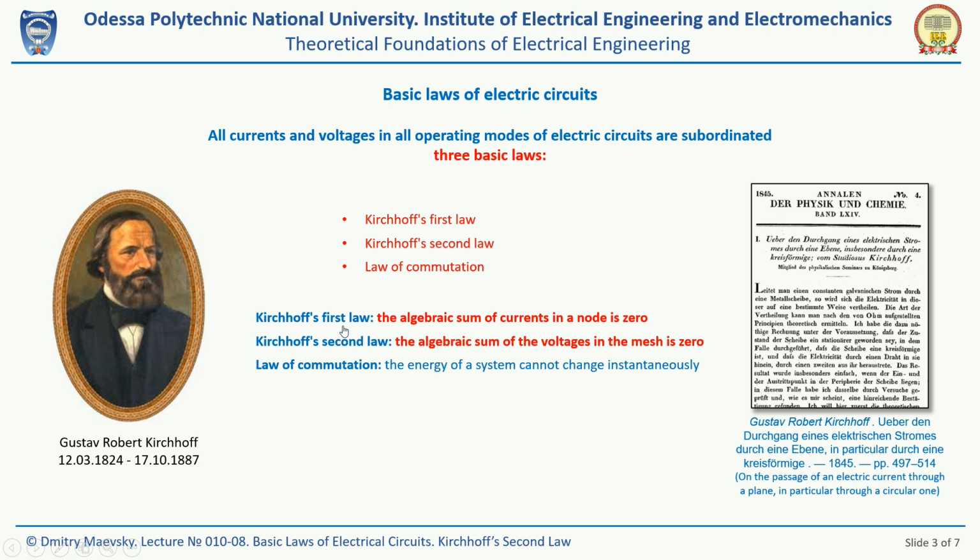Kirchhoff's first law says the algebraic sum of currents in a node is zero. Today we will learn that the formulation of Kirchhoff's second law is that the algebraic sum of the voltages in a mesh is zero. Please pay attention to these two formulations. We will return to them at the end of our lecture.